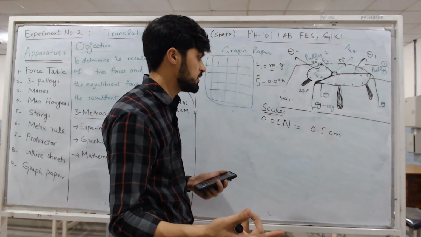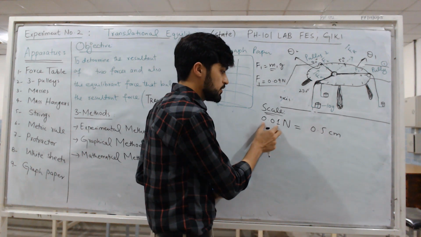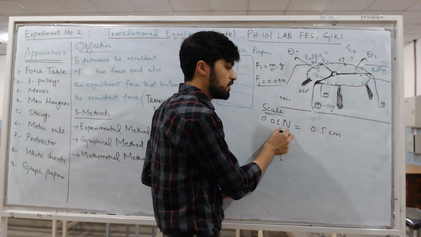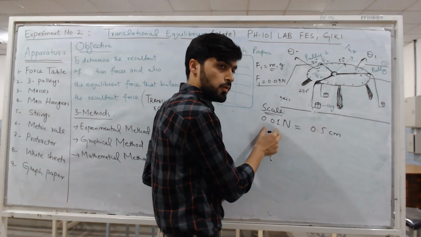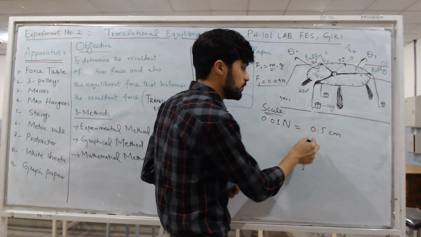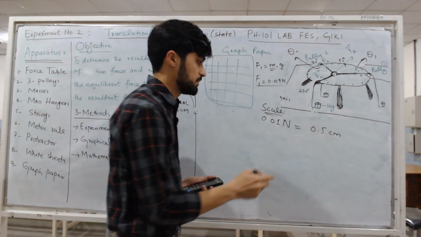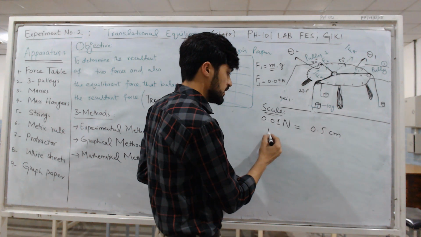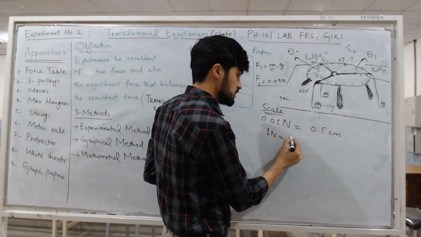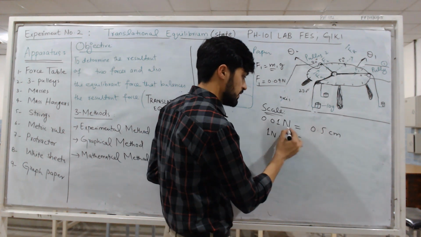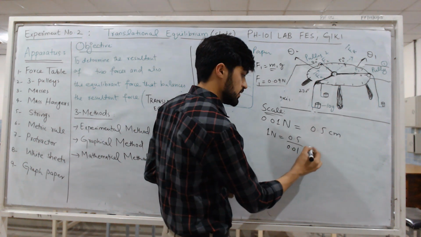You can select any scale. Let's say I'm assuming that 0.01 Newton is equal to 0.5 centimeter. So from here, 1 Newton will be equal to 0.5 divided by 0.01 centimeter.